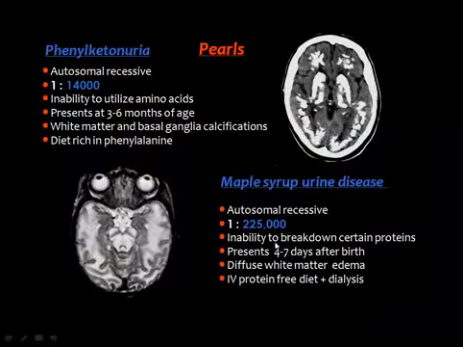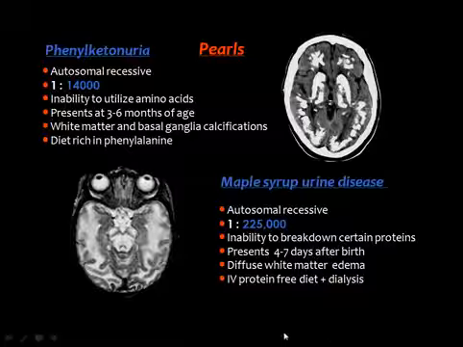The presentation is early, in the early days of life, with diffuse white matter edema indistinguishable from any other white matter edema, and the treatment is also related to diet, which may need an intravenous protein-free diet, and you may also need dialysis in order to remove the waste products resulting from the inability to break down these proteins.